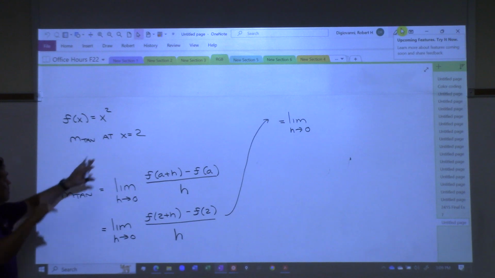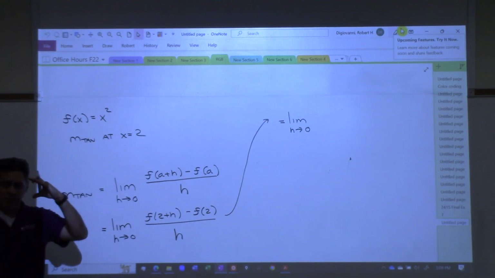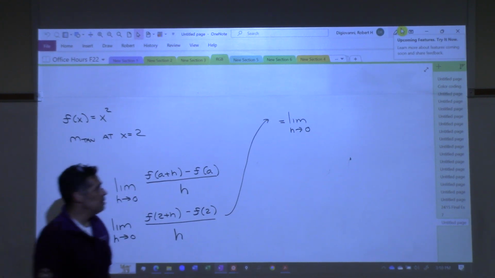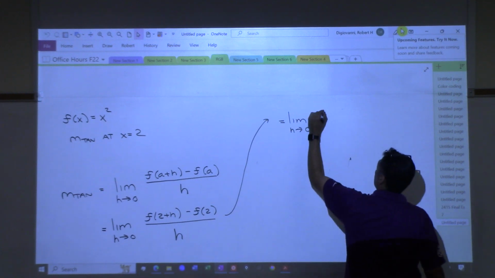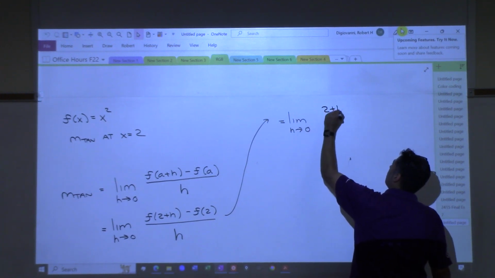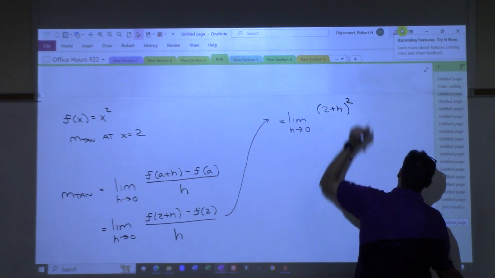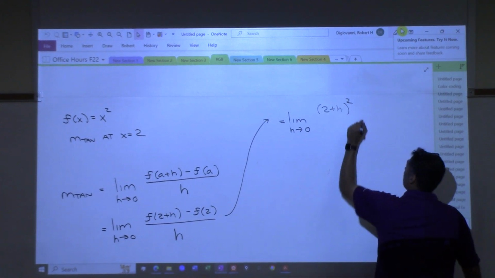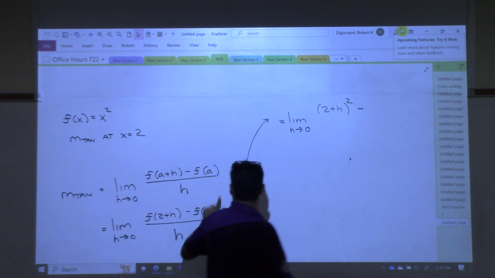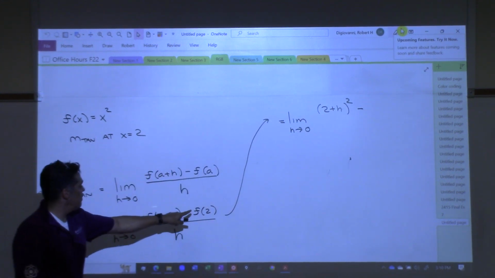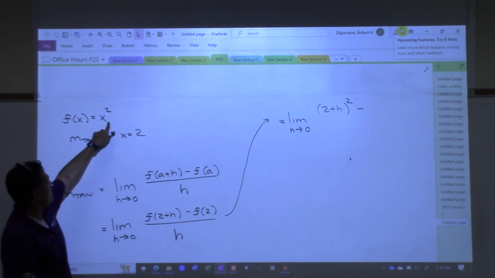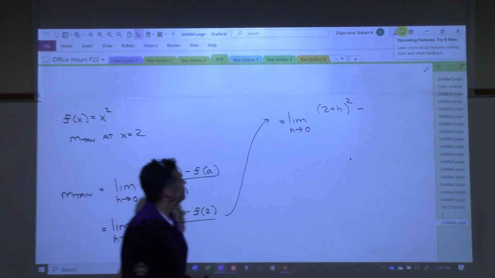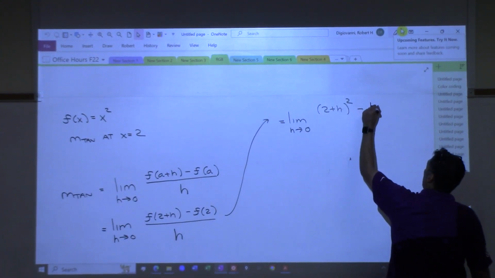Yeah, 2 plus h is going to go in right here, right? So we're going to do 2 plus h in parentheses, and we're going to square it. That's the top left-hand corner of that. Yes? That's 2 plus h into the function. Keep going. Minus? Minus 4, right? Because you're going to plug 2 into the function. So 2 squared is 4. Over h.